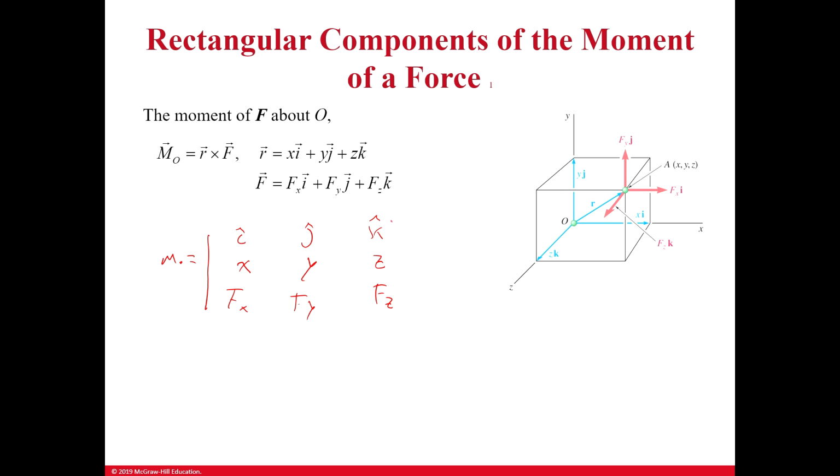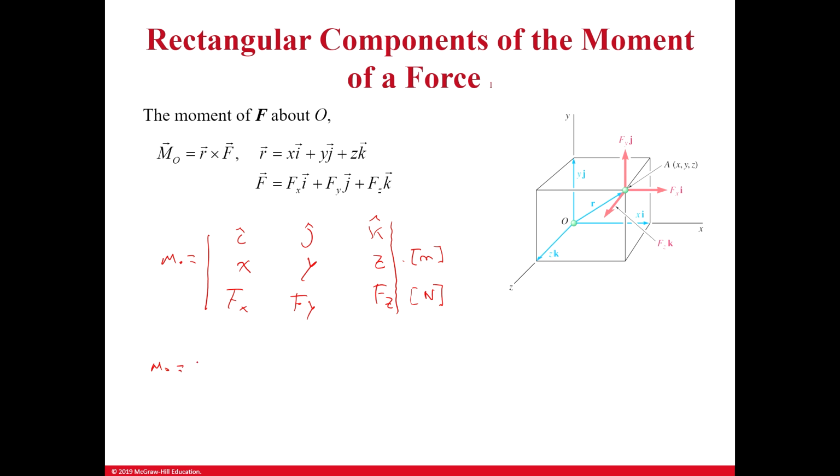We know how to get the forces by the cosine and sine of the angles. Okay, then the moment, remember all these x, y, and z coordinates are in meters or units of length, and all these forces are newtons or pound force. Therefore, moment is going to be newton meters.